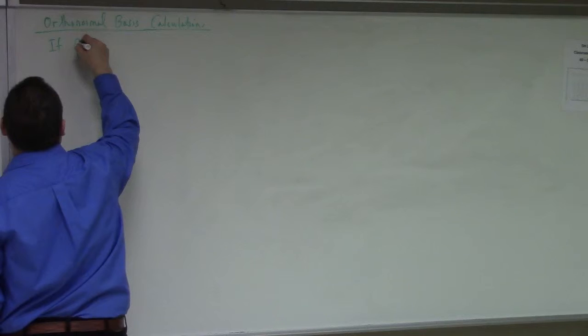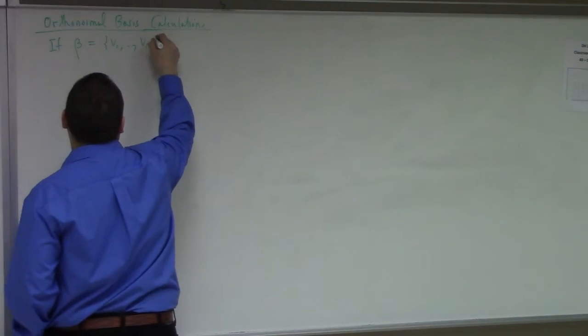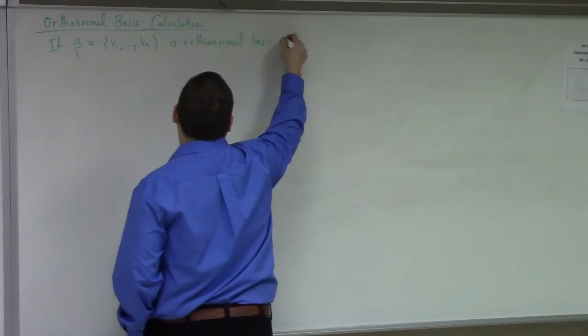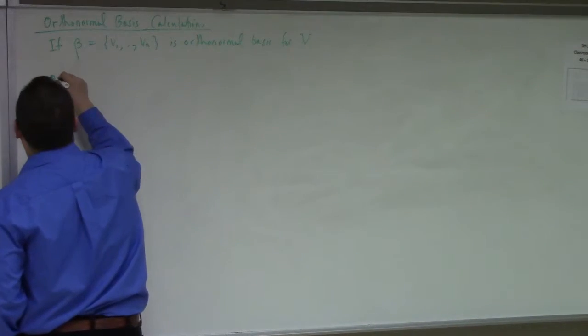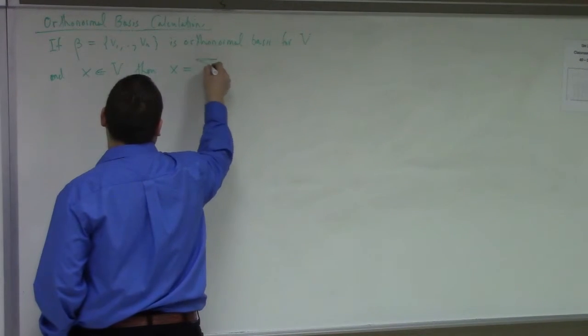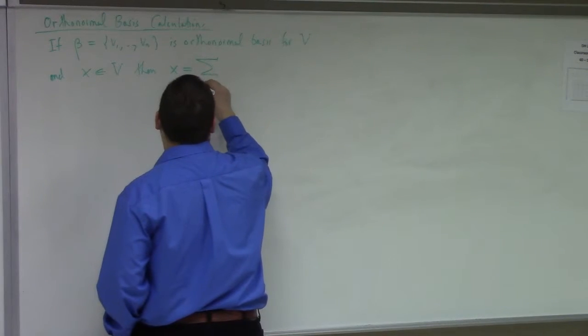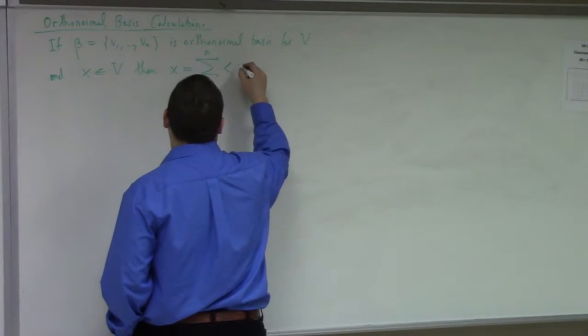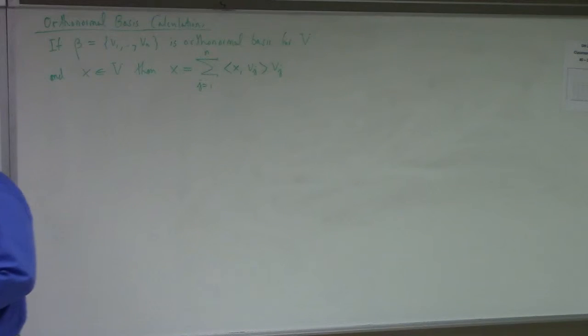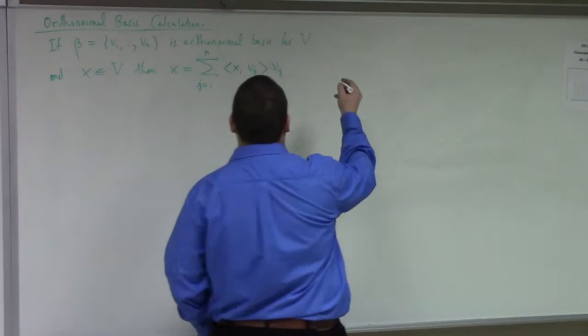If beta = {v1, ..., vn} is an orthonormal basis for V, and x is an element of V, then x is equal to the sum, j equals 1 to n, of the inner product of x with vj, times vj.